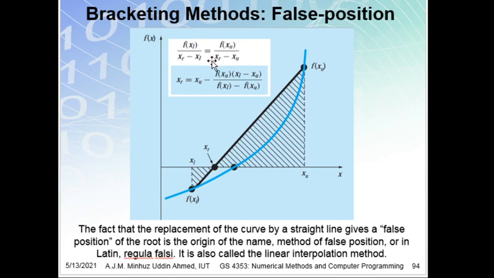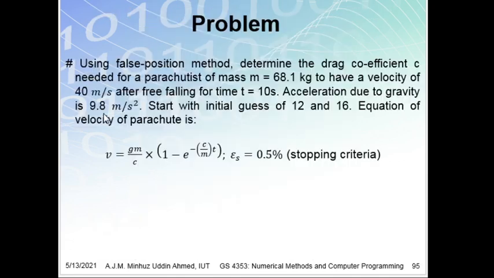If you can recall from our last class, this is nothing but the linear interpolation method. So using this method, there is a task for you: conduct the same thing and test whether we are getting the approximate value in a shorter step, using fewer steps, with this false position method.